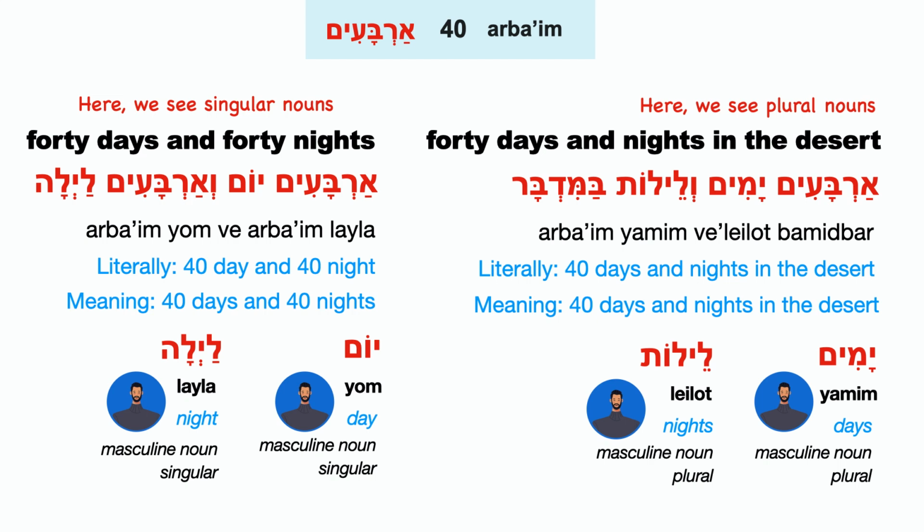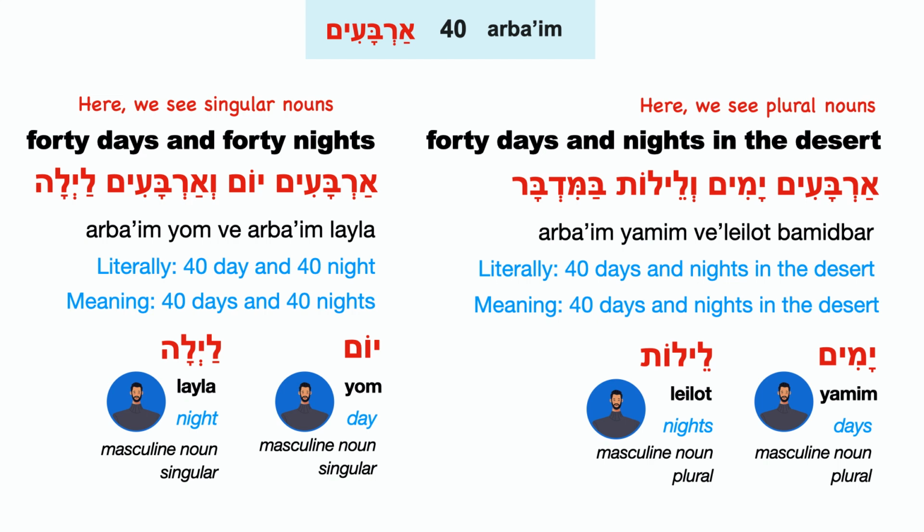On the right side, here we see plural nouns. So layla means night. In its plural form, it's leilot, and yom means day. In the plural form, it's yamim. So in this example on the right side, we read 40 days and nights in the desert.